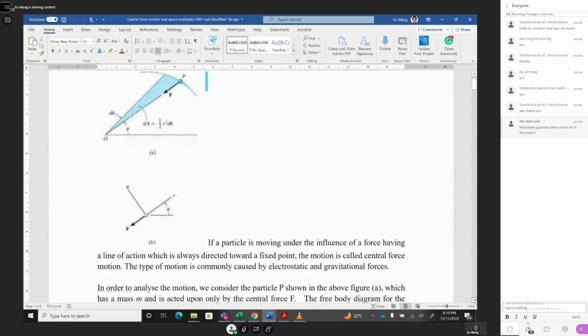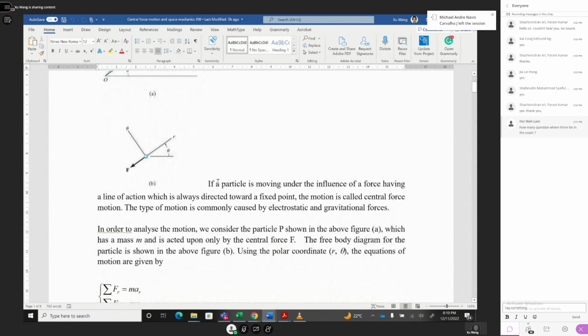We study this coordinate system in figure A. The particle has mass m and is acted upon only by the central force pointing to the center O, so if outward is positive, the force is negative F. The free body diagram for the particle is shown in figure B, with only one force.